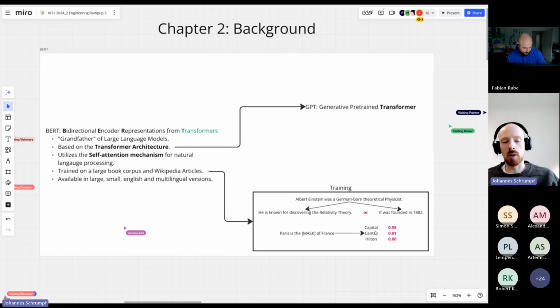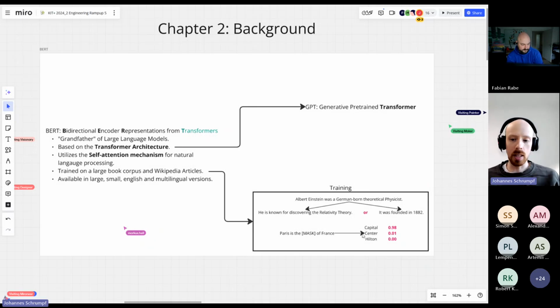You may know this from early years in school where you had these Lückentexte, or texts with missing words in them, and you're supposed to fill in the correct words. And this is basically what the model is learning from. And there you punish the network if it gives "Paris is the Hilton of France," and you reward it if it chooses the right word.